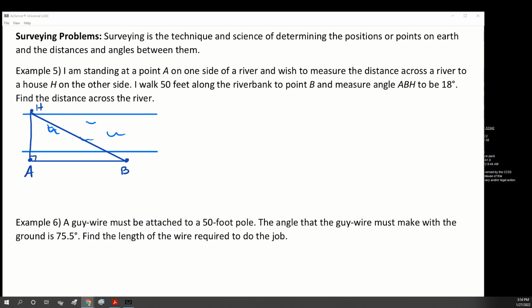Okay. And then I know I walked 50 feet, so this is 50 feet. This is 18 degrees. And what I want is the distance across the river.